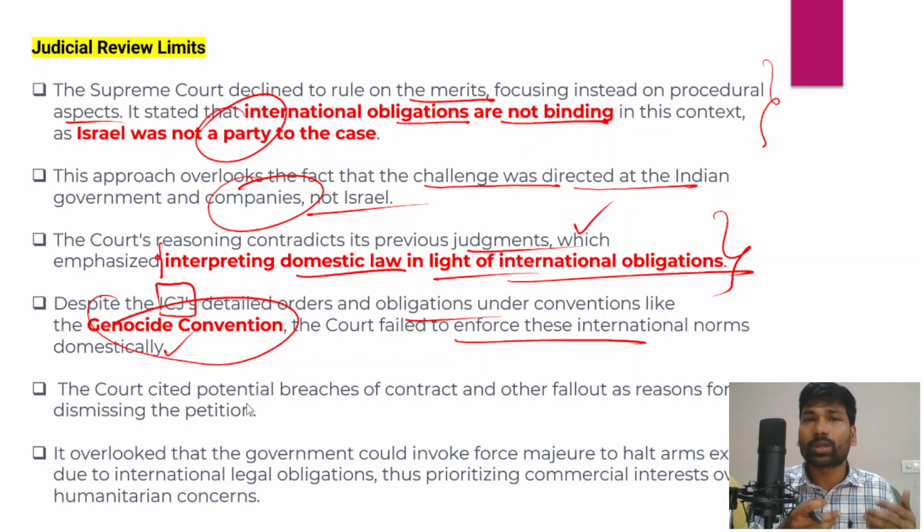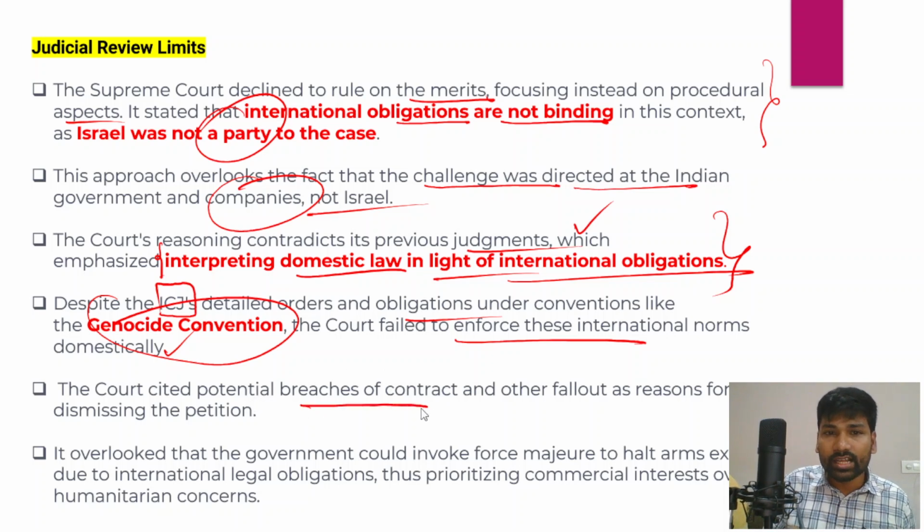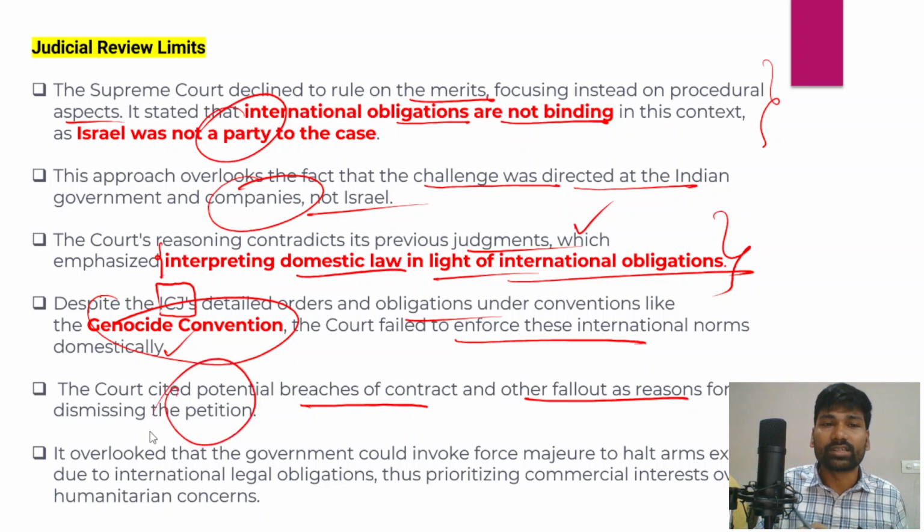And the Supreme Court has also cited potential breaches of contract with the other country, and the fallout, as reasons for dismissing the petition. The court will also not interfere in the executive branch, as decisions with respect to foreign relations are taken by the executive wing of the government.